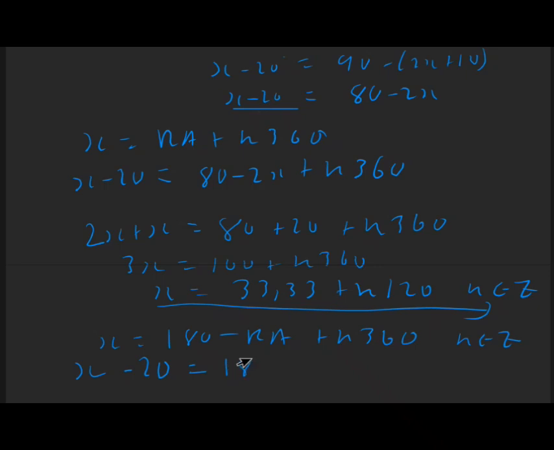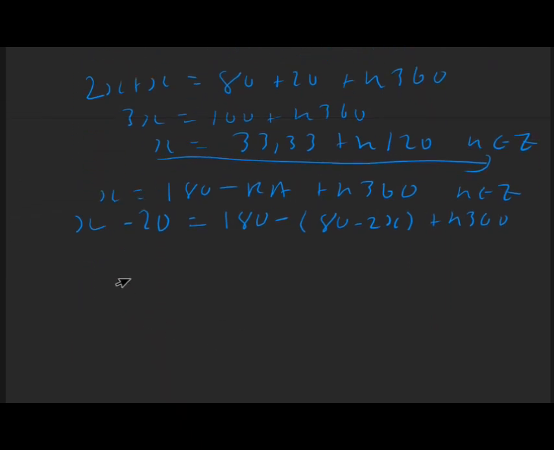So it's going to be 180 minus, notice we're taking this whole thing as reference angle. So you have to put it in brackets, because when you're subtracting 2 or more terms, you have to put it in brackets. So this is going to be plus k 360. Alright, so let's simplify this equation. So this is going to be 180 minus 80. So this is going to be 100 plus 2x, right?